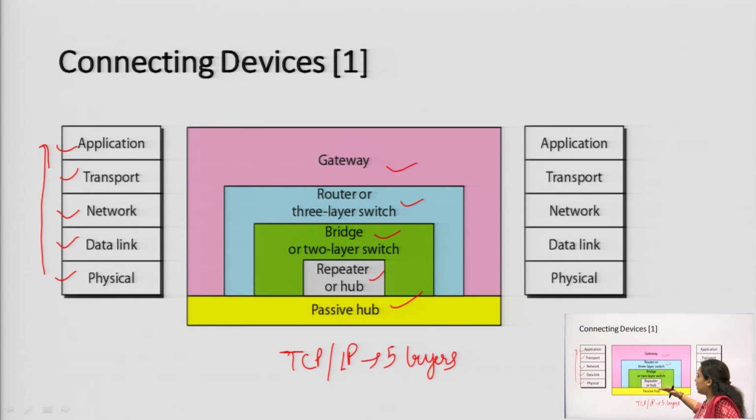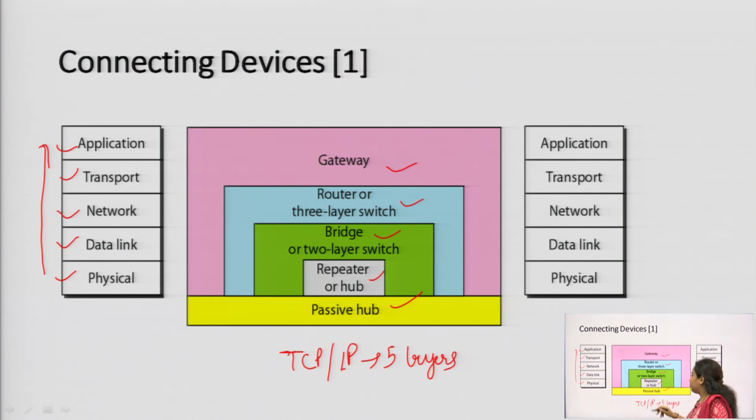So, basically at each layer, what are the connecting devices that are possible, so that different networks can be connected together, like if I want to connect 2 LANs, at what layer I can use what kind of connecting device. That mapping is shown in this diagram.